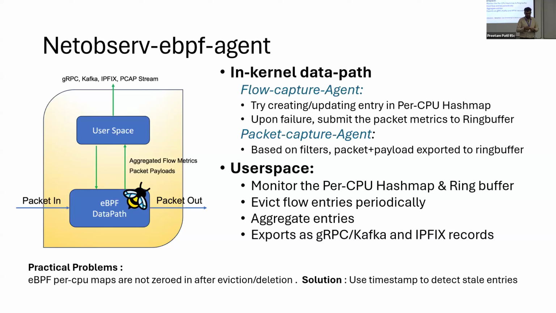The design we followed to make this faster is to use different types of eBPF data structures. Rather than using a specific array, we use a per-CPU hash map where we pass the data to the user space because a hash map provides much faster access, and a ring buffer in case of evicting these flows.